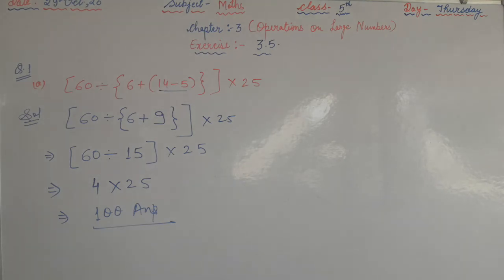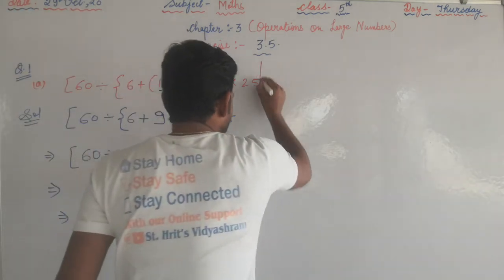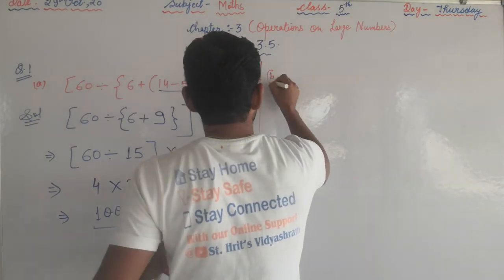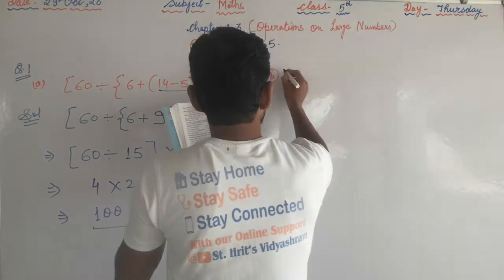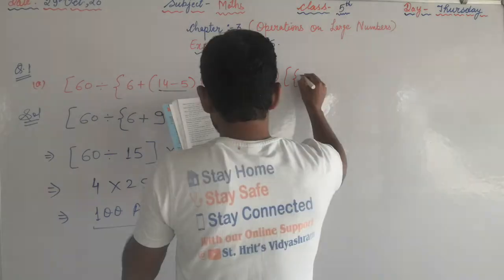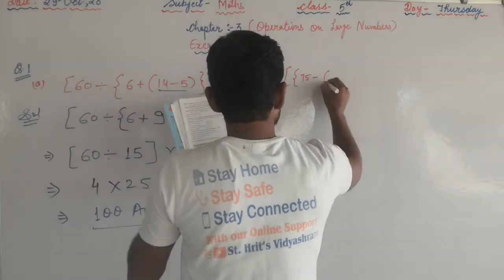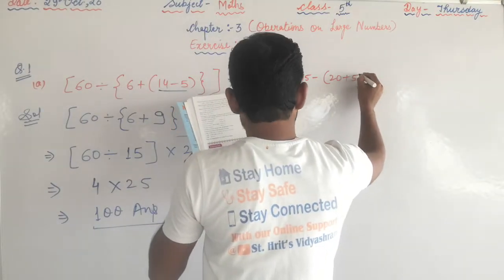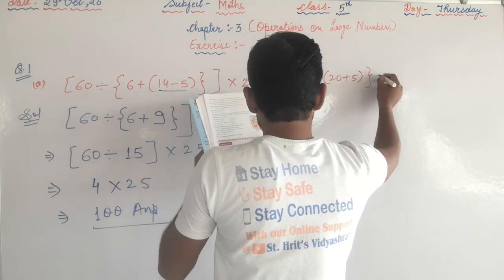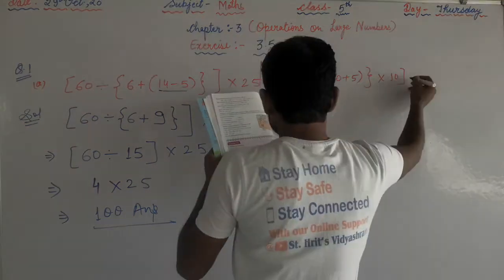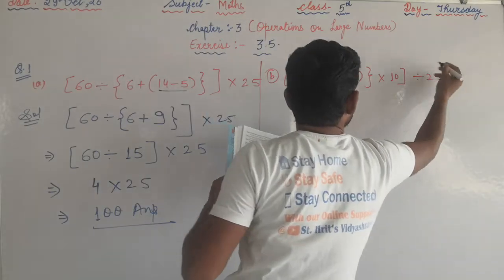Now see the second question, part B: 75 minus, open bracket, 20 plus 5, multiplied by 10 divided by 25.